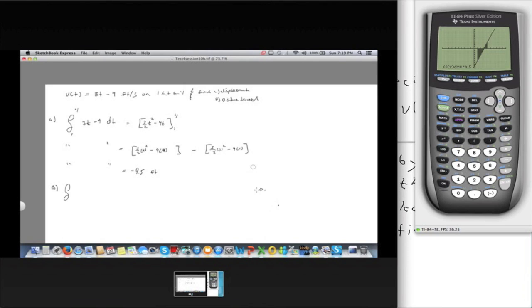The key here is, if you remember the two-step process that I had written on my screen, in order to find the distance, you have to find where the object's motion changed direction.